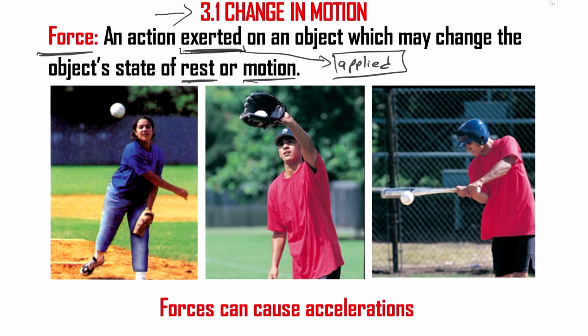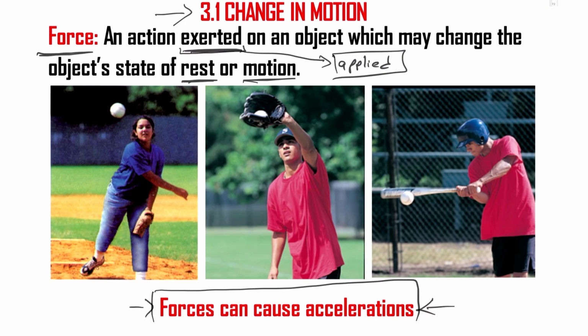If we say applied, that means we might observe contact between two objects. So this is the definition of force, and force can cause acceleration. We will discuss this, keep it in your mind. We will discuss this in other sections.